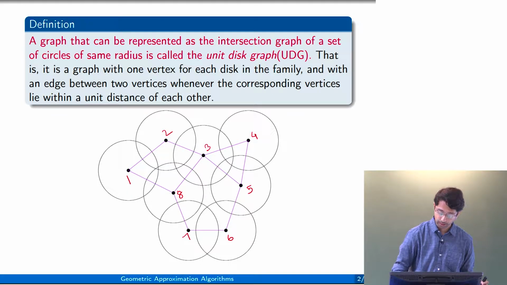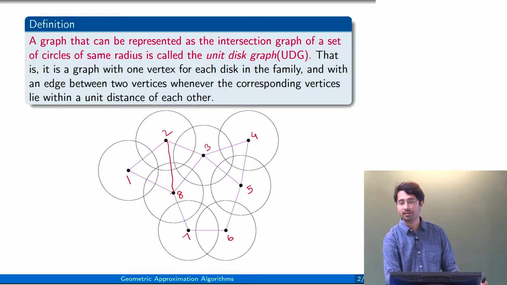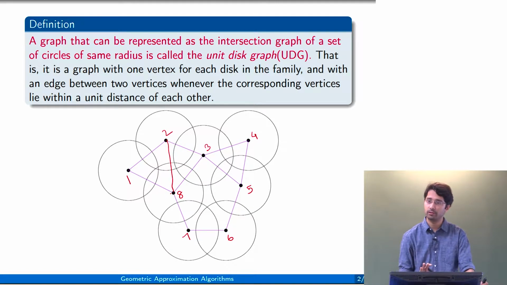See, the disks with centers 2 and 8 also intersect. Sorry, my bad, this is supposed to be the unit disk. Good observation. Okay, the definition of the unit disk graph is clear.